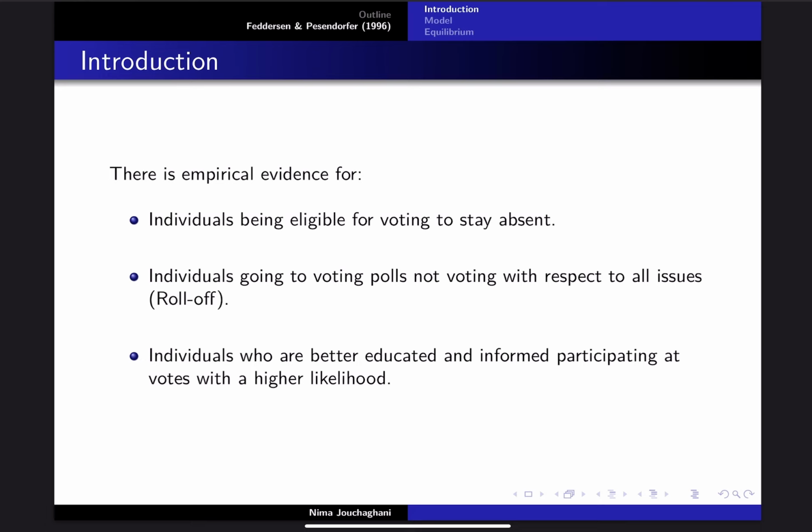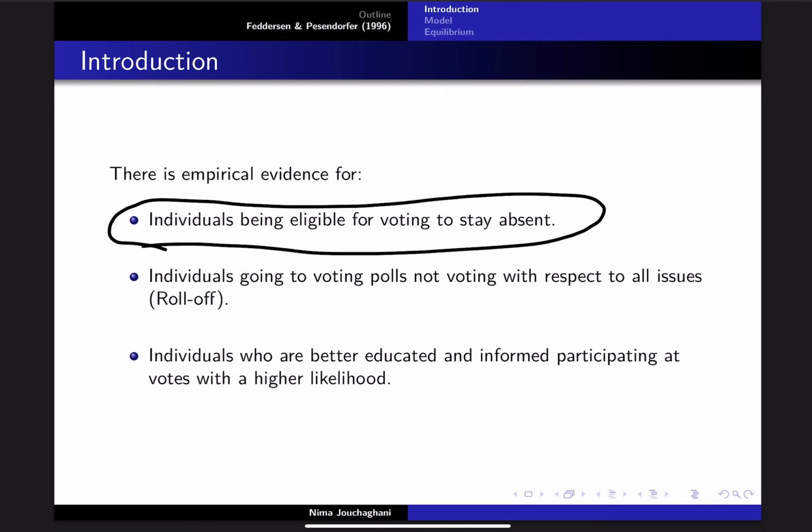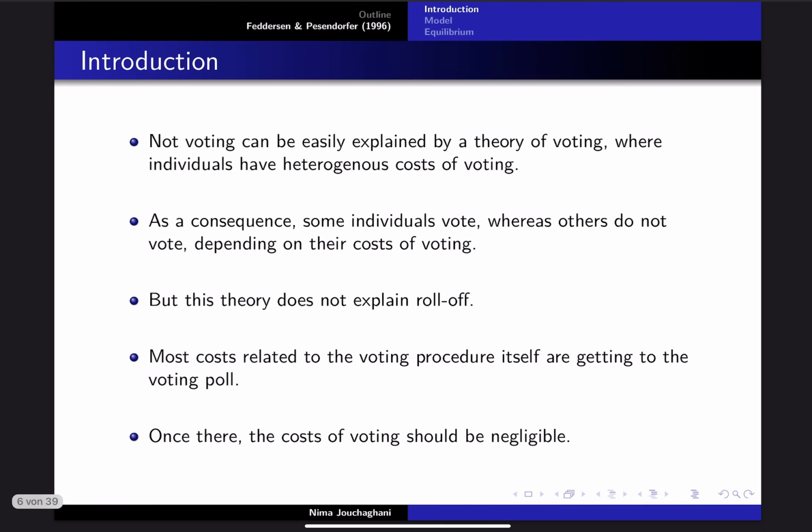So in the literature, it has been identified. It was kind of easy to identify why individuals who can vote do not vote. And the reason is that you can have heterogeneous costs of voting. So consider two individuals, and one of them has very high opportunity costs of voting. Going to vote takes time to inform yourself, and it takes time to go to the voting poll.